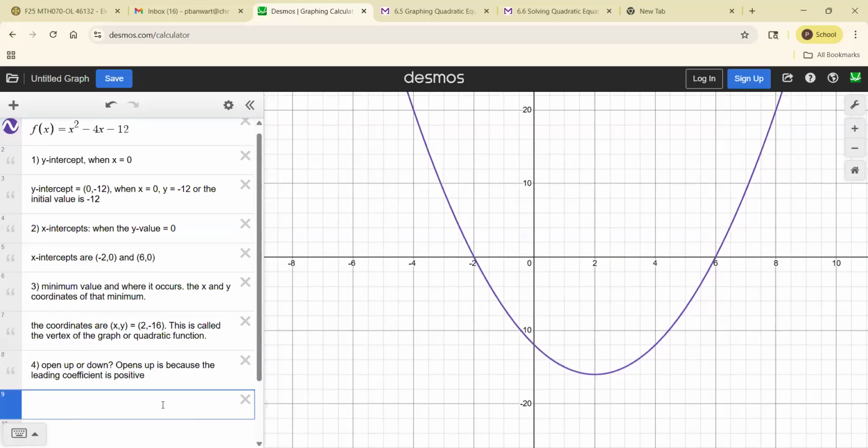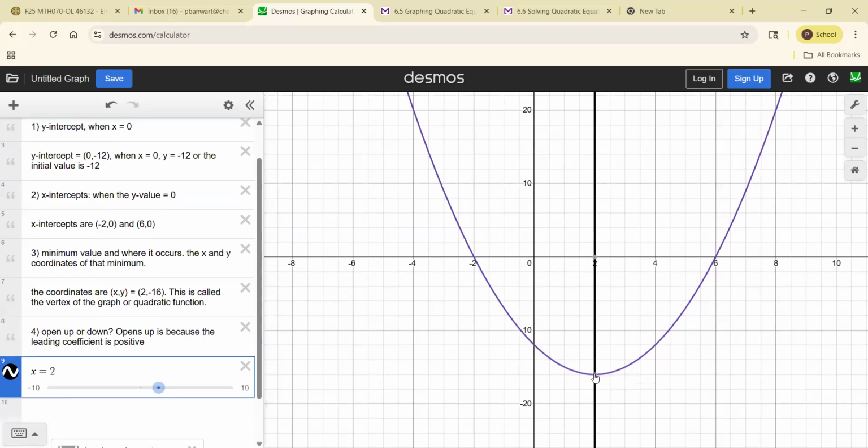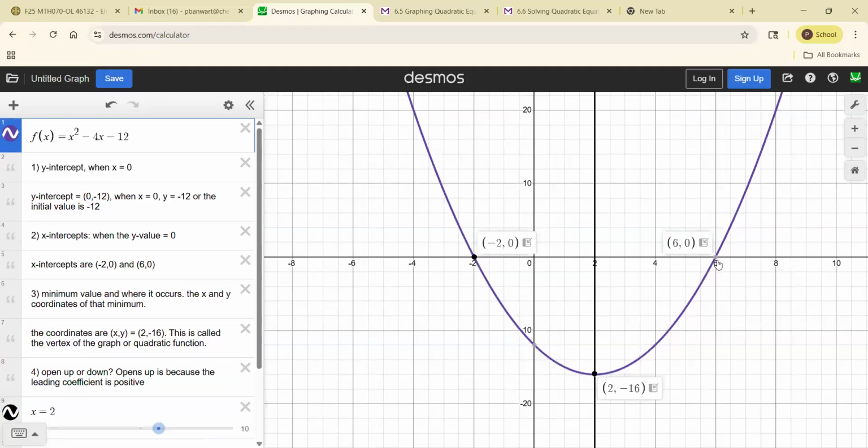And where it mirrors, this is called the line of symmetry, right? It goes right down the middle, and you could flip this graph over that line and it would still look the same. And that line of symmetry goes right through the minimum value. It goes right through the vertex. And that line of symmetry is immediately between or perfectly between those two x-intercepts.